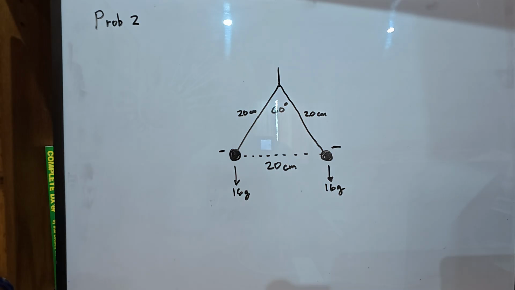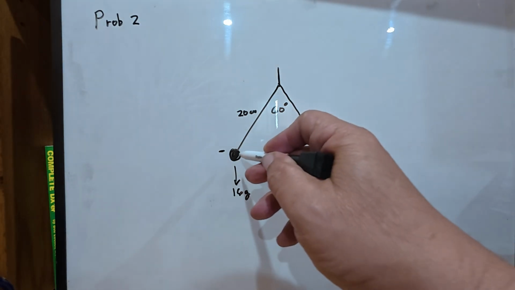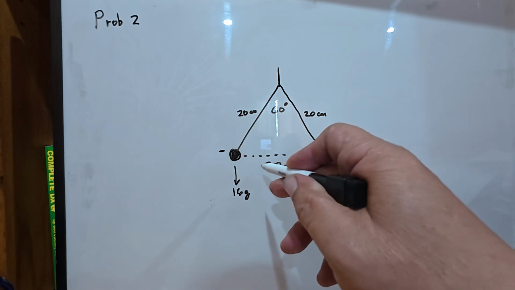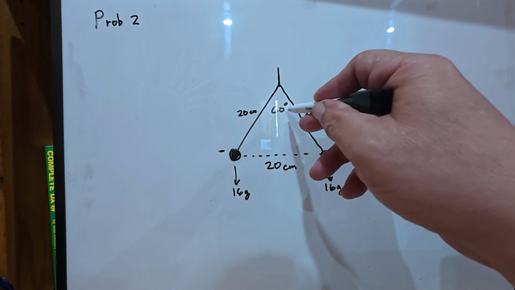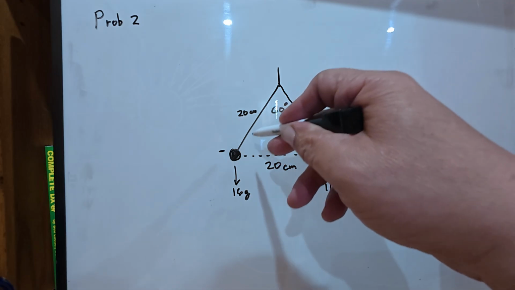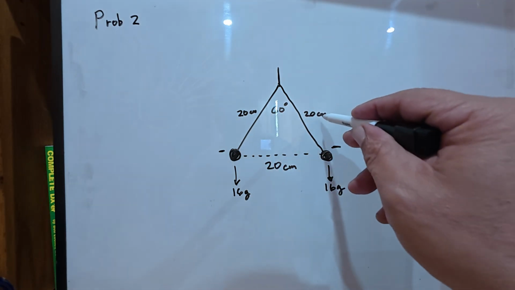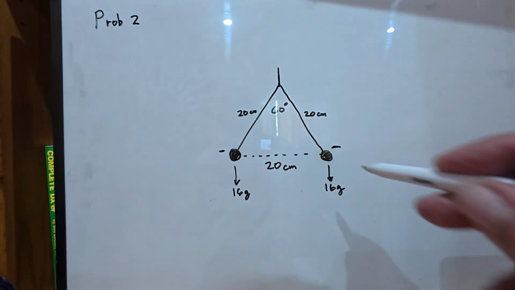So problem 2 is about these 2 steel balls that are charged such that when they are charged with negative charges on each one, they repel in such a way that the included angle is 60 degrees here, which makes this an equilateral triangle, 20 centimeters, 20 centimeters, and 20 centimeters.